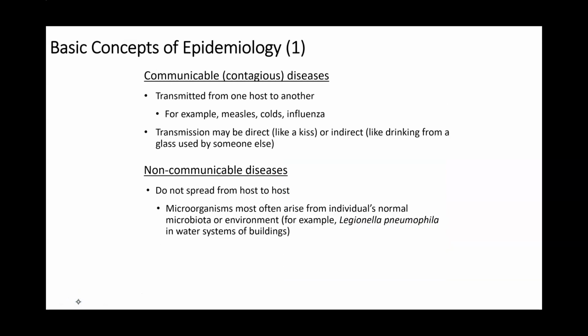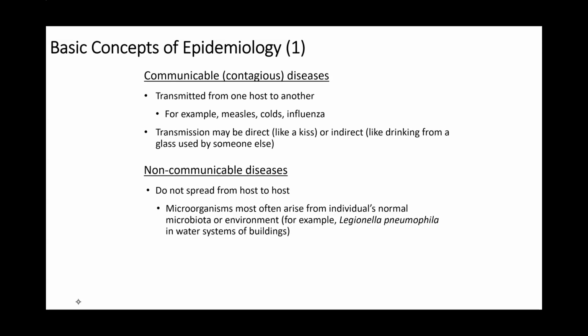So, what are different types of diseases that epidemiologists study? So these diseases can be communicable. So communicable diseases are diseases that can be transmitted from one individual to another, or they can be non-communicable. So if it's non-communicable, it's not going to spread. An example of a non-communicable disease would be botulism.